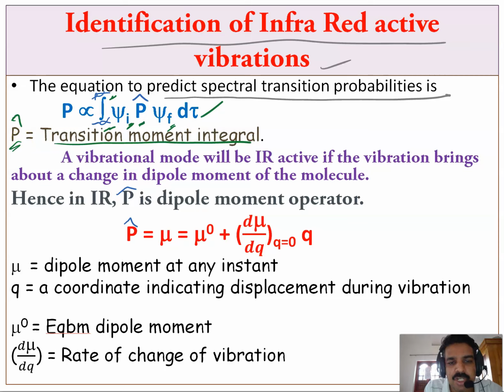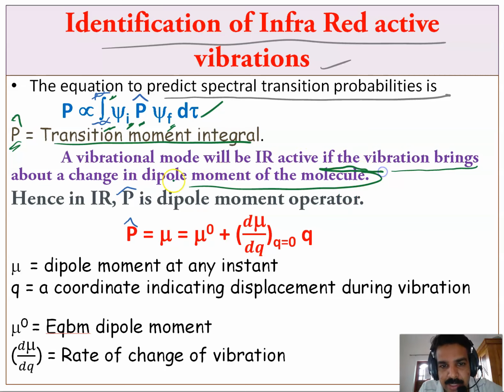A vibration mode will be IR active if the vibration brings about a change in dipole moment. Only those vibrations which bring about a change in dipole moment are IR active. We have studied this even in the UG classes.